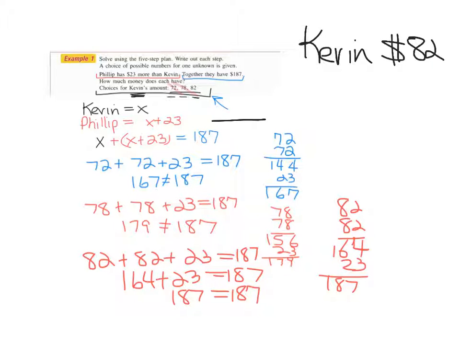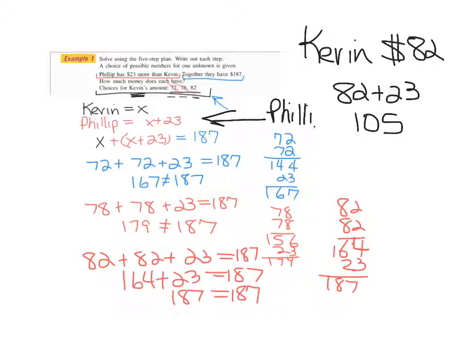And then to find Philip's amount, I need to take 82 plus 23, and I find out that Philip has 105. And again, make sure you label that these were money problems.